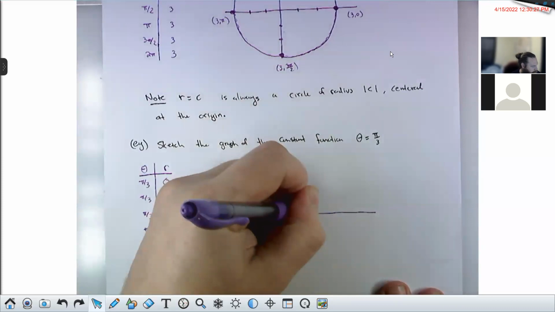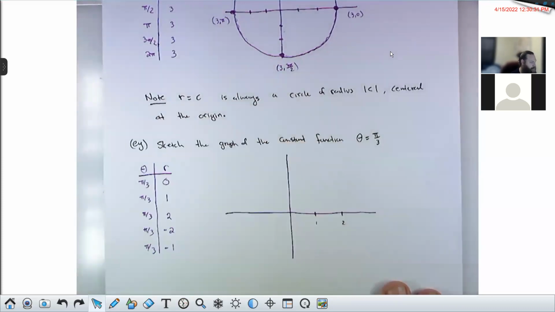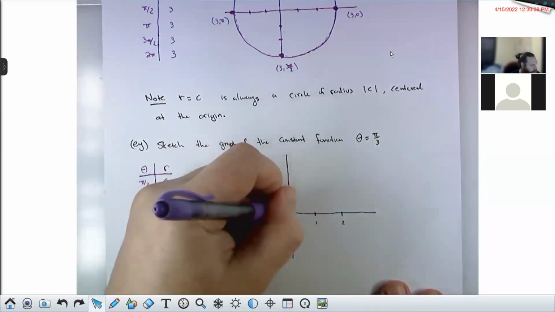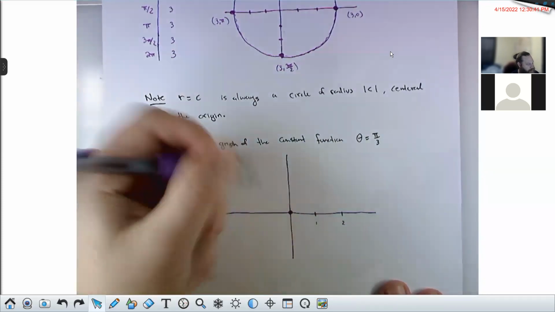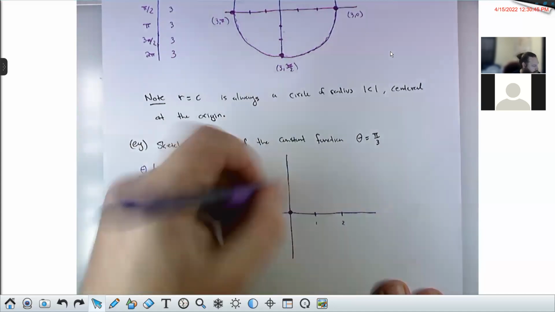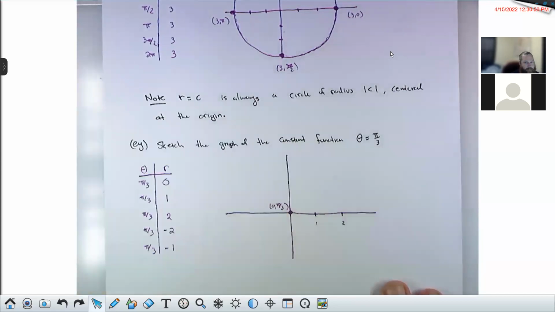I'll mark off 1 and 2 along my polar axis here. So the polar point is 0, pi over 3. That means I don't walk out at all. My radius is 0. That means I must be at the origin. This is the point 0, pi over 3.